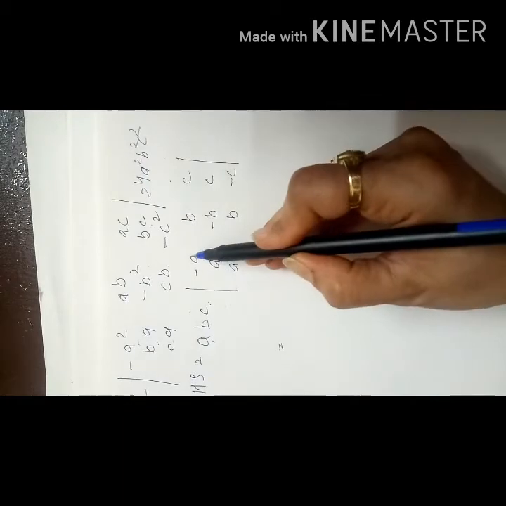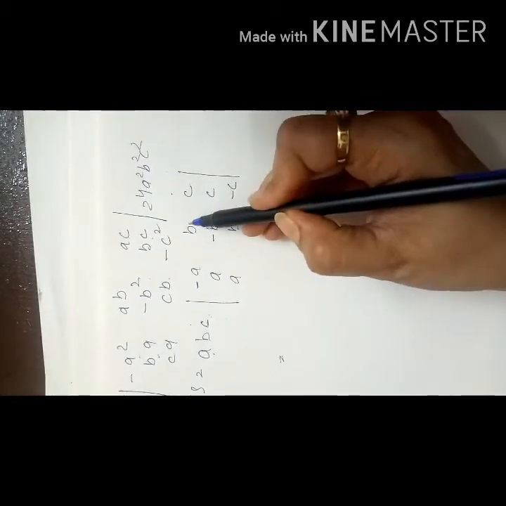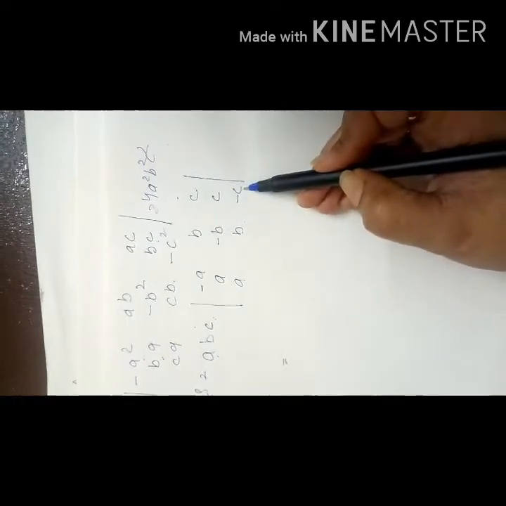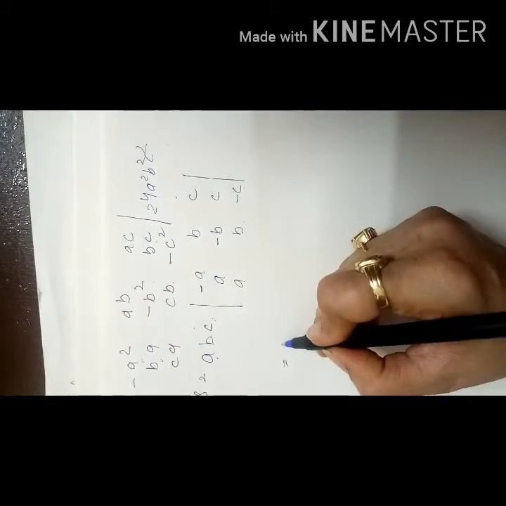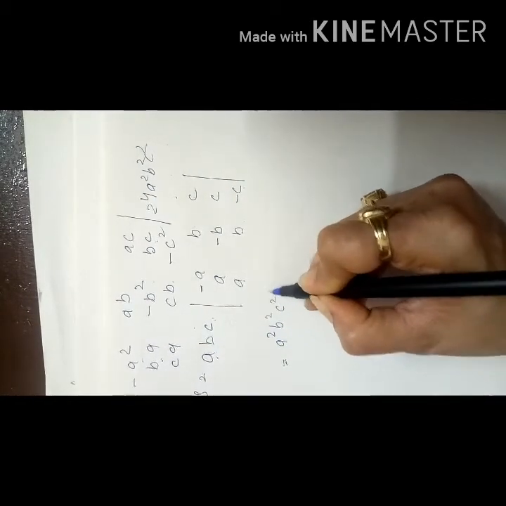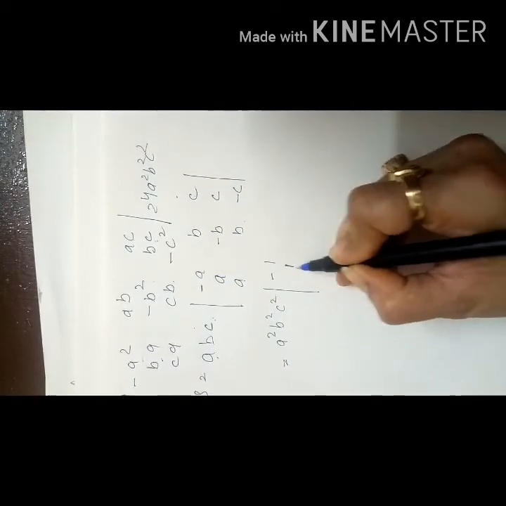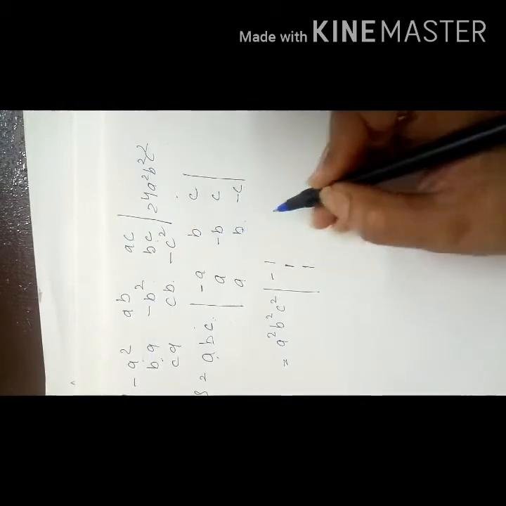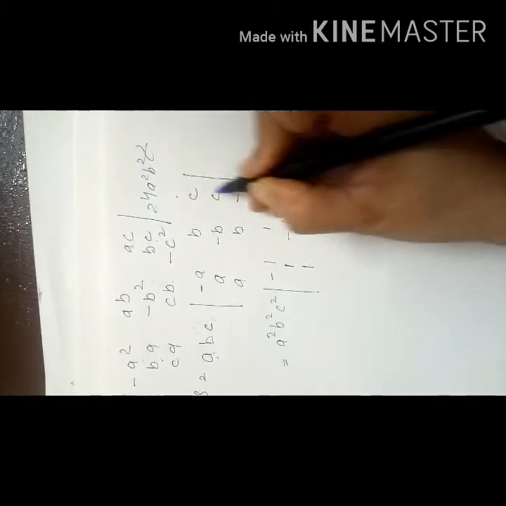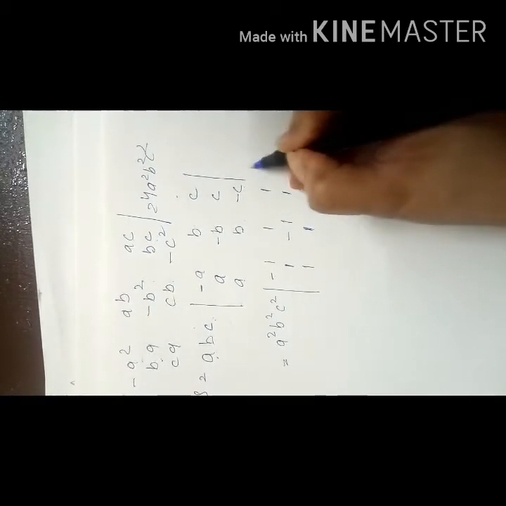Now this a can be taken common from column C1, this b can be taken common from column C2 and c can be taken common from C3. Then a square, b square, c square. Take a common from C1, then minus 1, 1, 1. Then take b common, then 1, minus 1 and 1. Then taking c common, 1, 1 and minus 1.